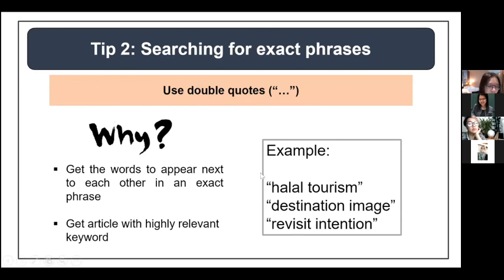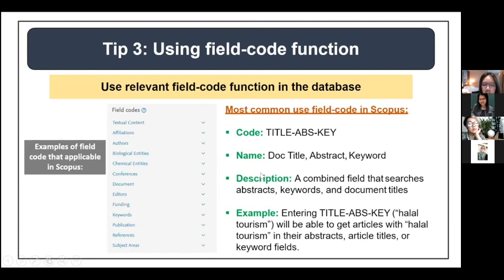And tip number 3 is about using the field code function, to narrow down the search. How to actually apply this? The database that you use will suggest to you the applicable field codes that you can include when you want to do the searching.